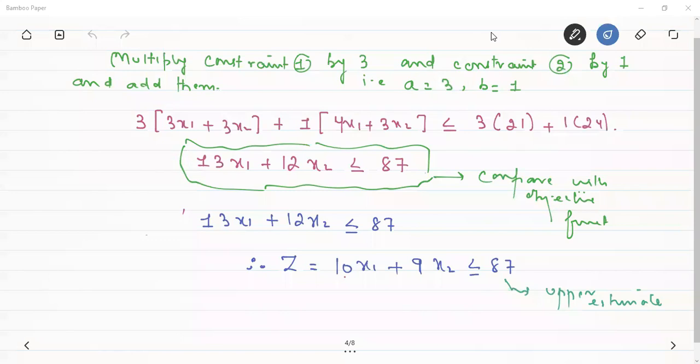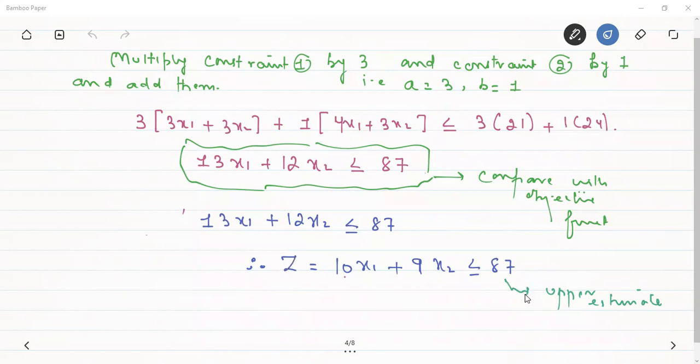Hope it is clear, because 13x1 plus 12x2 is less or equal to 87. Its maximum value will be 87. But the maximum value of my z cannot be 87, because z is less than 13x1 plus 12x2. Therefore, to find the maximum value of z, I have to minimize this upper estimate.